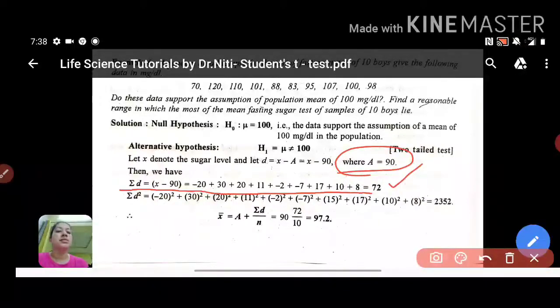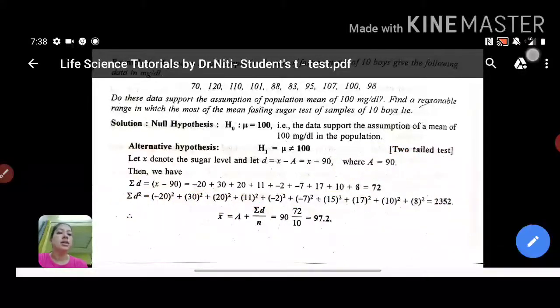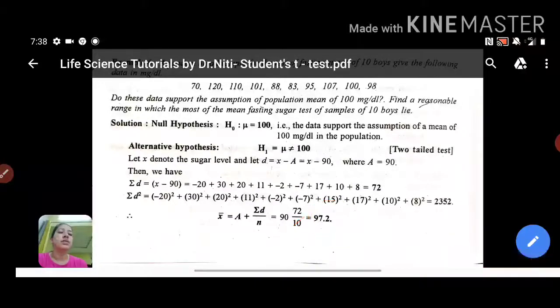Thereafter they determined the summation of squares of deviations. Firstly they took the square of all the deviations and then the sum, and obtained this. Mean can be calculated as assumed mean plus summation d by n. So the mean is this.